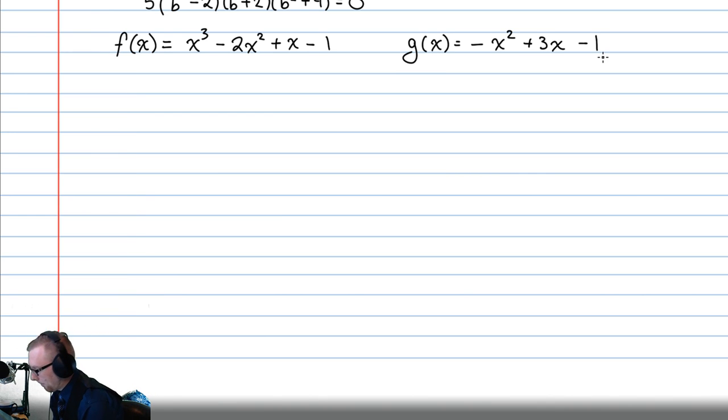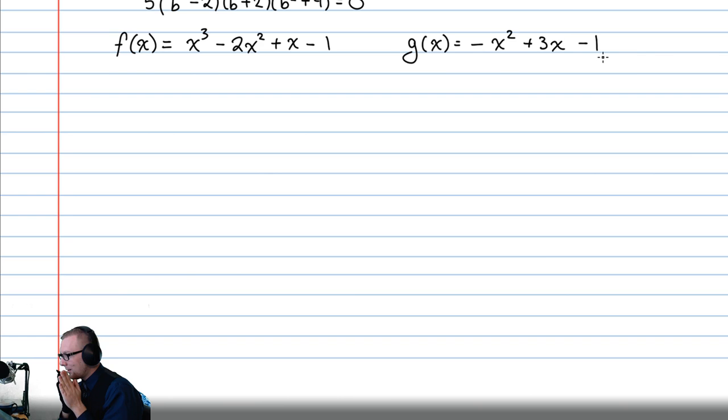I want you to tell me what to do. We're going to find the points of intersection. What does it mean when two things intersect? If I clap my hands, they run into each other, right?